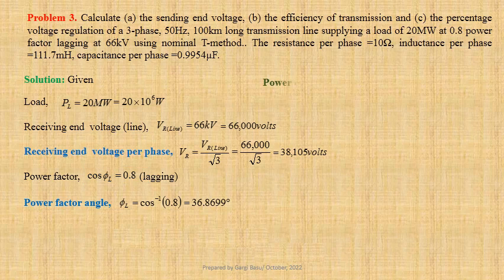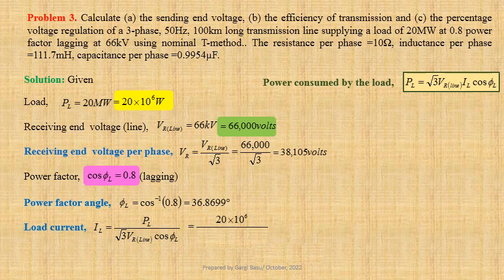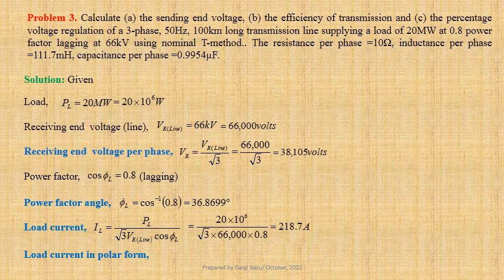We know that power consumed by the load PL equals root 3 times VR line into IL cos phi L. Therefore, load current IL equals PL divided by root 3 times VR line into cos phi L. Using values we get 20 into 10 to the power 6 divided by root 3 into 66,000 into 0.8, that gives us 218.7 ampere.